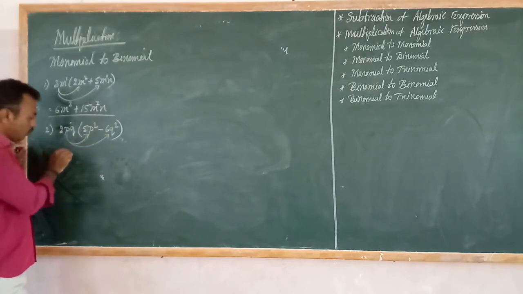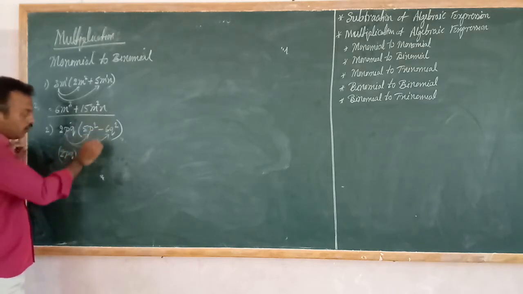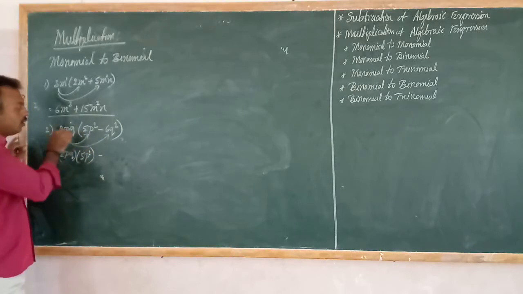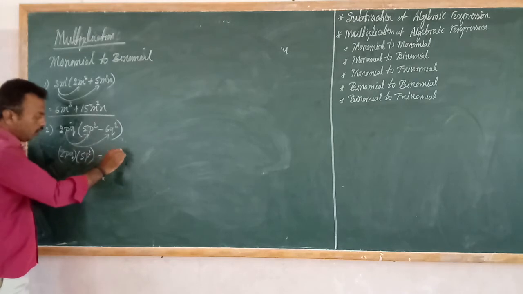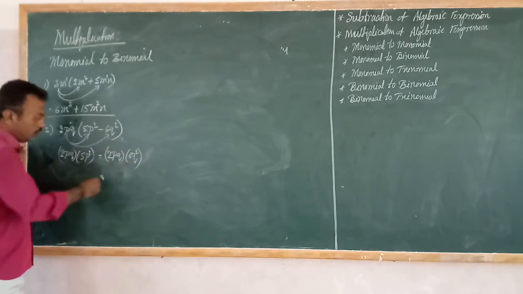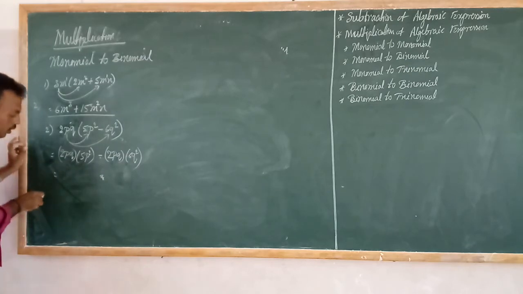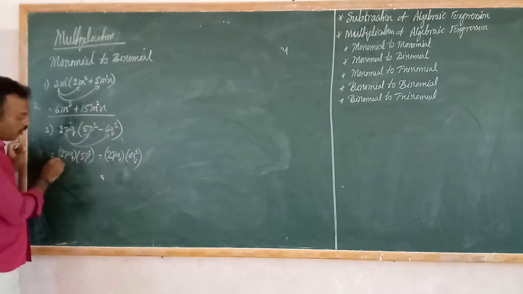So first term 2p cube, we should multiply by 5p square. Okay, then minus, I will take one more step. So the minus sign stays, again 2p cube should multiply by 6q square. Then we should multiply the numerical terms.